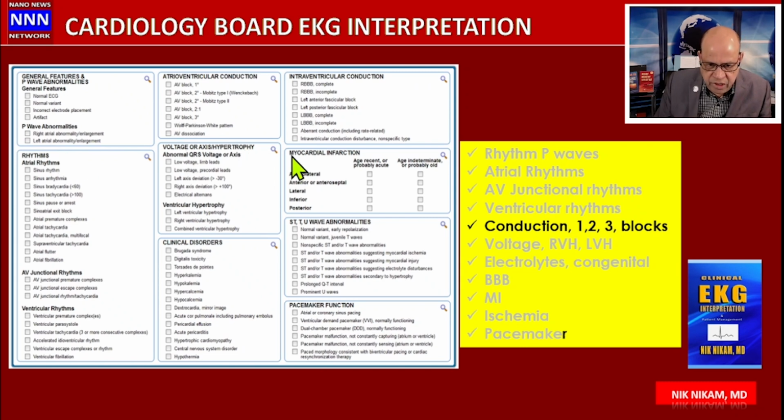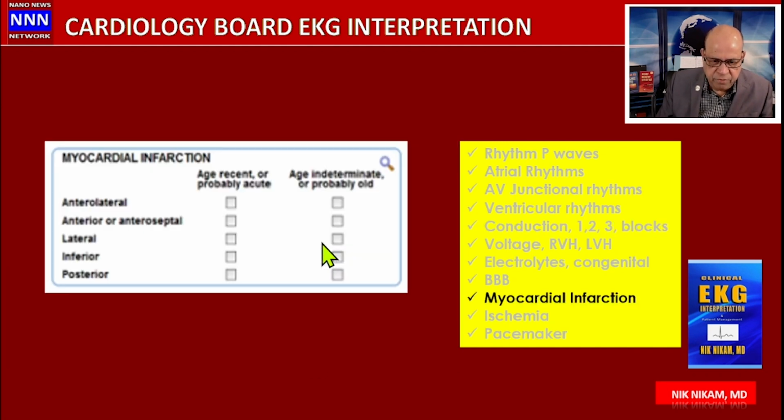In this presentation, we're going to be talking about the myocardial infarction, the location, and the age of the myocardial infarction, whether it is recent or probably old. And in the following videos, I'll be doing a segment on STT and U-wave abnormalities and a separate video on pacemaker function. So let us begin with the feature presentation.